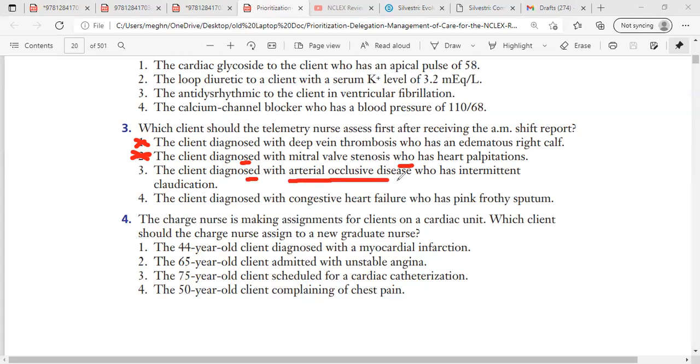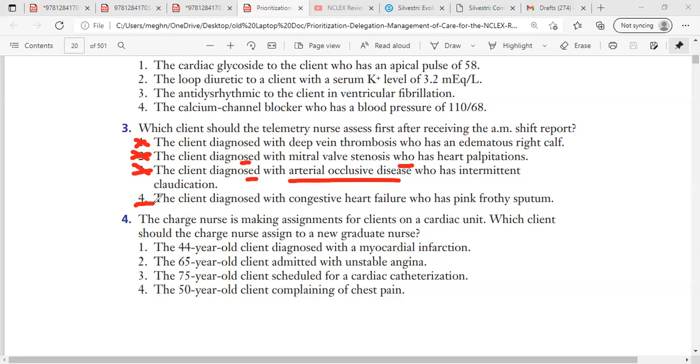The nurse would expect the client with arterial occlusive disease to have intermittent claudication, meaning leg pain, and it is normal for this patient. So the nurse would not need to assess this client first, and this one is not the answer.